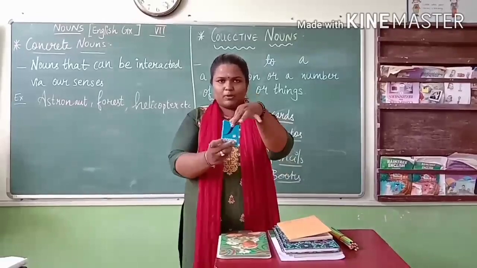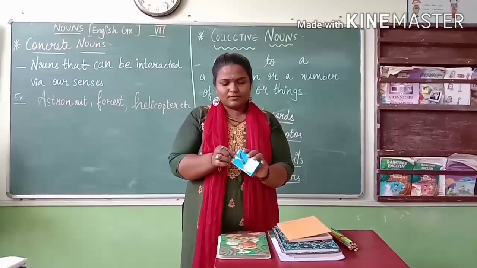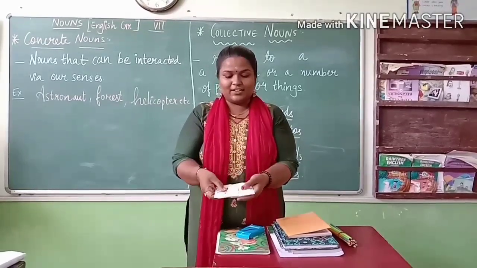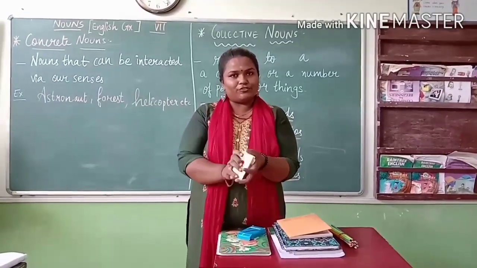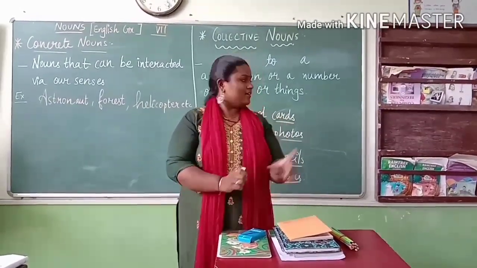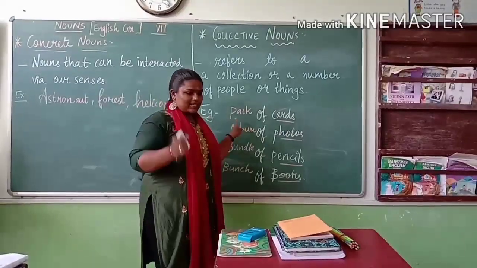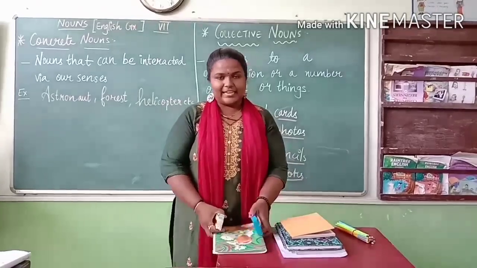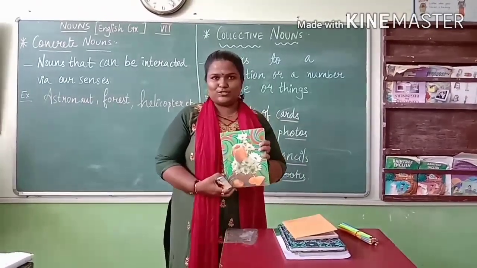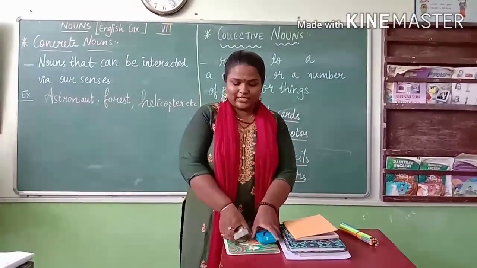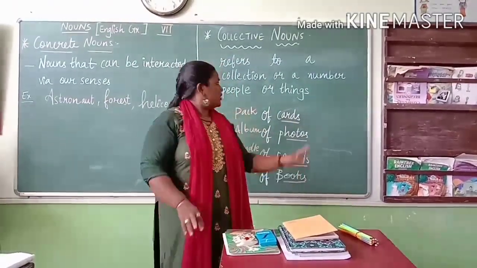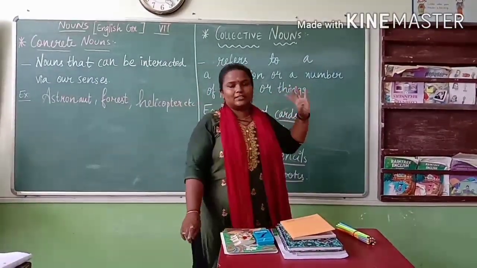Again, this is a box. When we open it, these are cards. So, pack of cards. Understood? Pack of cards, bunch of books, bundle of pencils, and album of photos. So you have understood what collective nouns are? Collective nouns means collection. Collection of people or things.